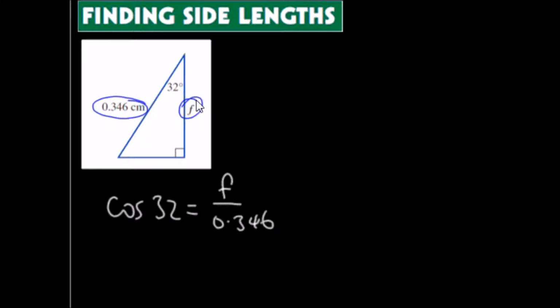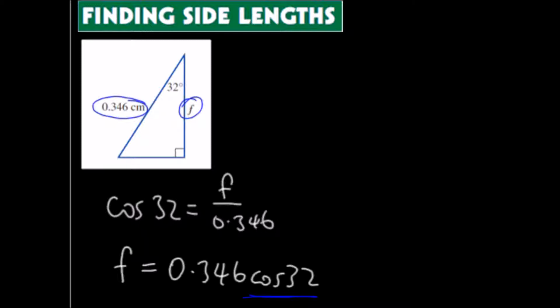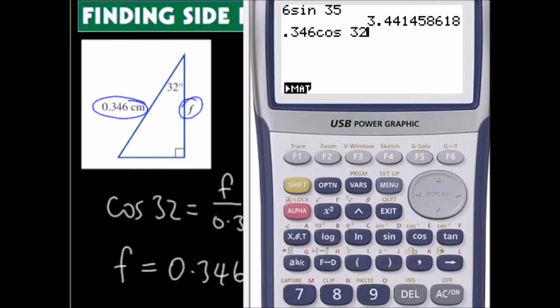Once again, we can make f the subject by moving the 0.346 across the other side. Then it's a simple matter of using the calculator, because once again that ratio there of cos 32 is saved in the calculator. And we get an answer of 0.29.